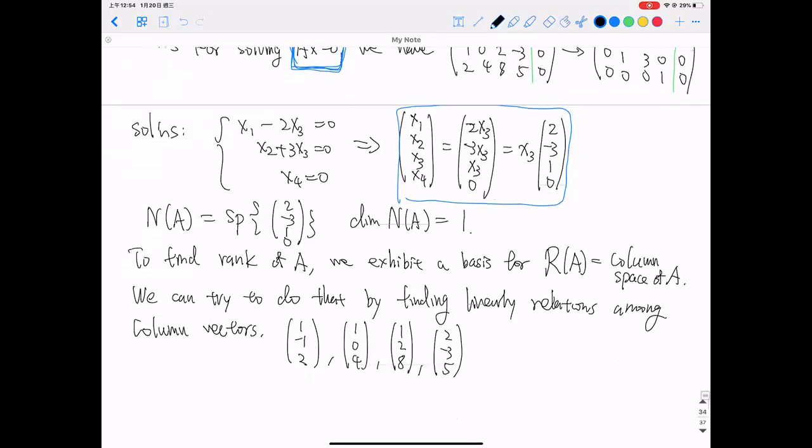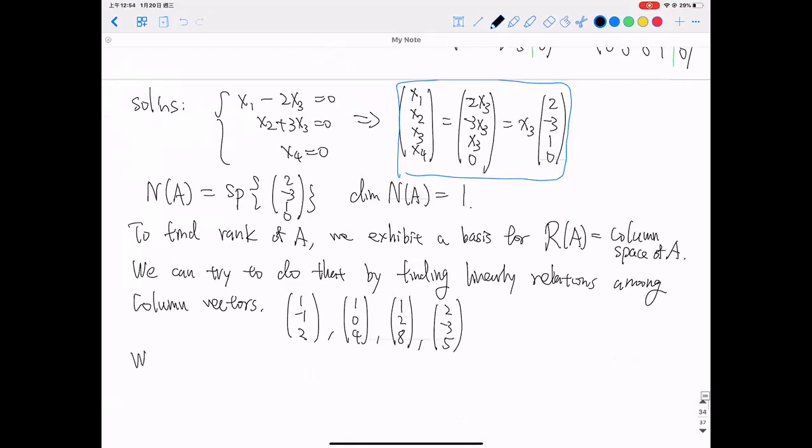So we essentially have only one non-trivial linear relation.